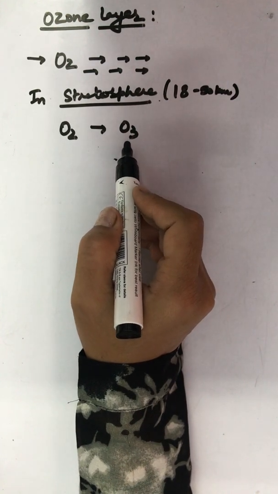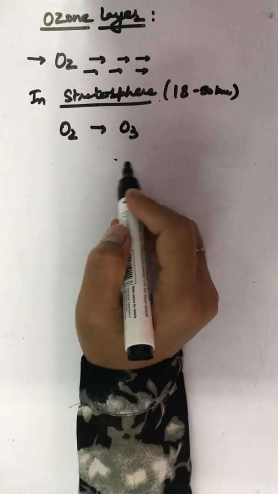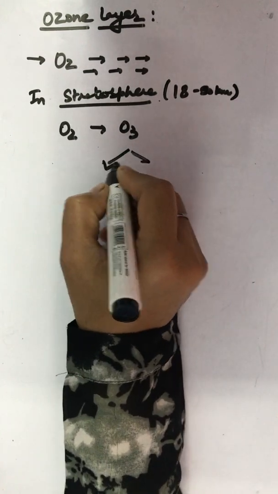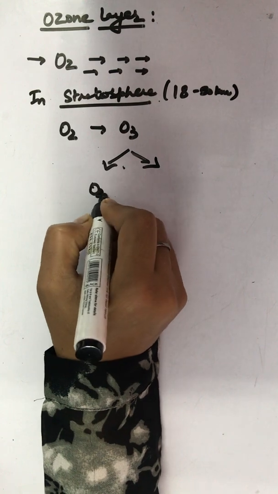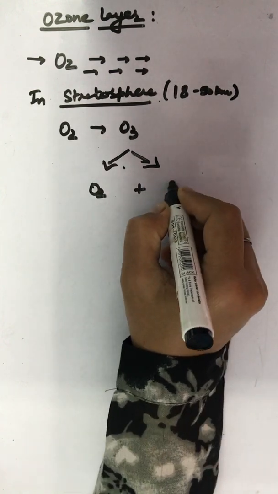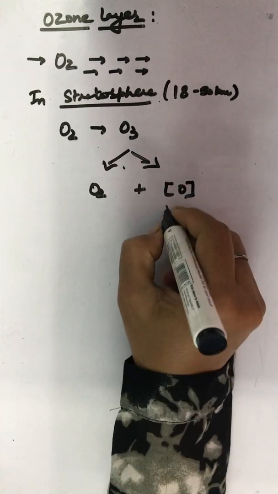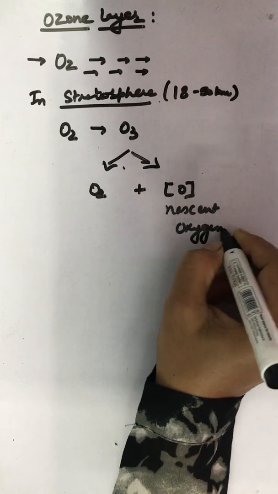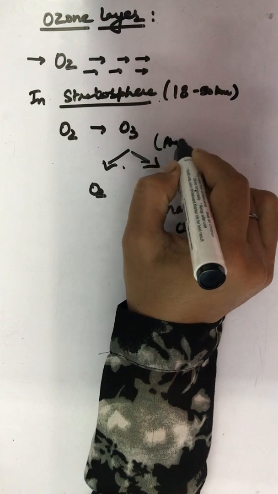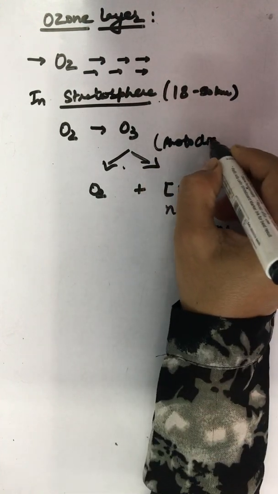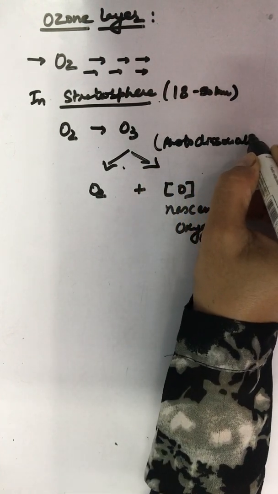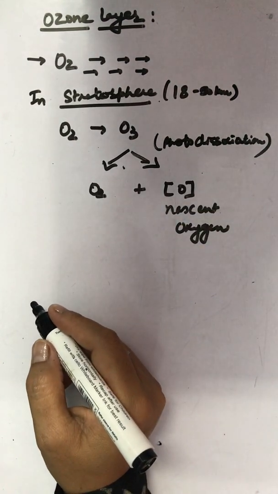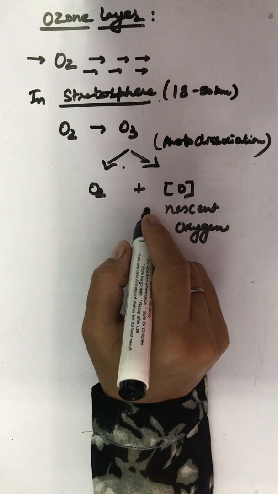And it undergoes photodissociation and forms molecular oxygen along with nascent oxygen. We call it nascent oxygen. This is called photodissociation, that means it occurs because of the activity of light, under the influence of UV radiations.